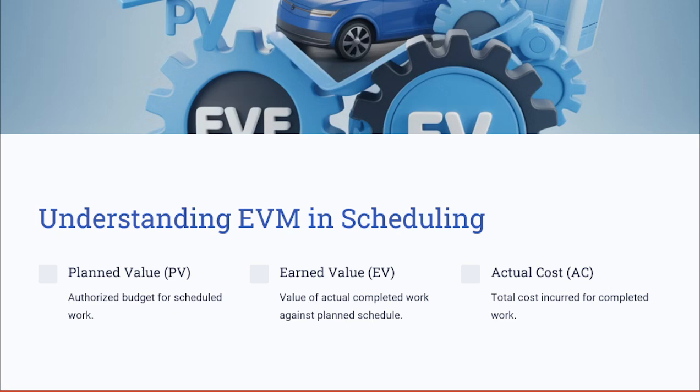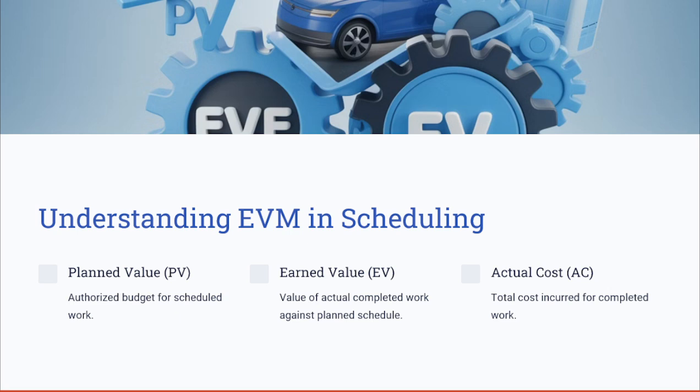However, on the other hand, if the SPI is less than one, it means that the project is behind schedule. So you as a project manager need to apply compression techniques. We talked about fast tracking, crashing, and others, like resource leveling and resource smoothing, to ensure that your SPI goes equal to one or greater than one.